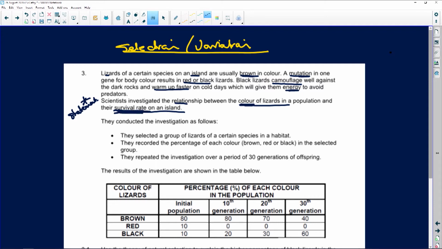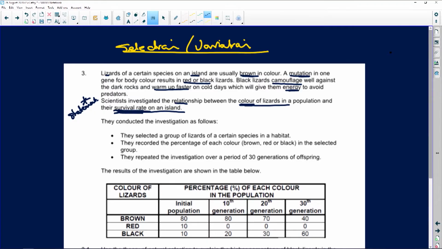Immediately, and I have told you many times, you look at that statement. If you change the wording to say, to investigate the relationship between the color of lizards, that would be your aim. Because an aim always has two variables. That's the aim. Okay? This here is just the statement.